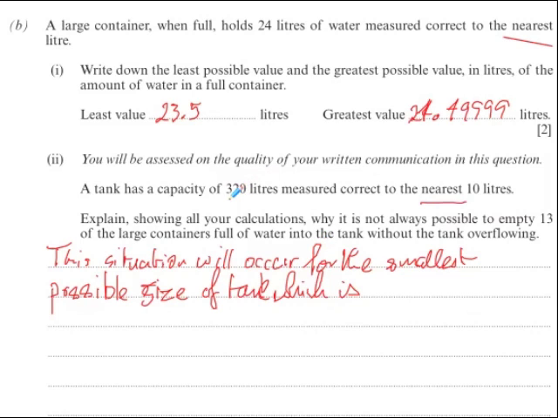So the least size capacity would be 315 litres. I hope you can see that. If it was 314, it would be rounded down to 310 litres. At 315 litres, it's rounded up to 320 litres.